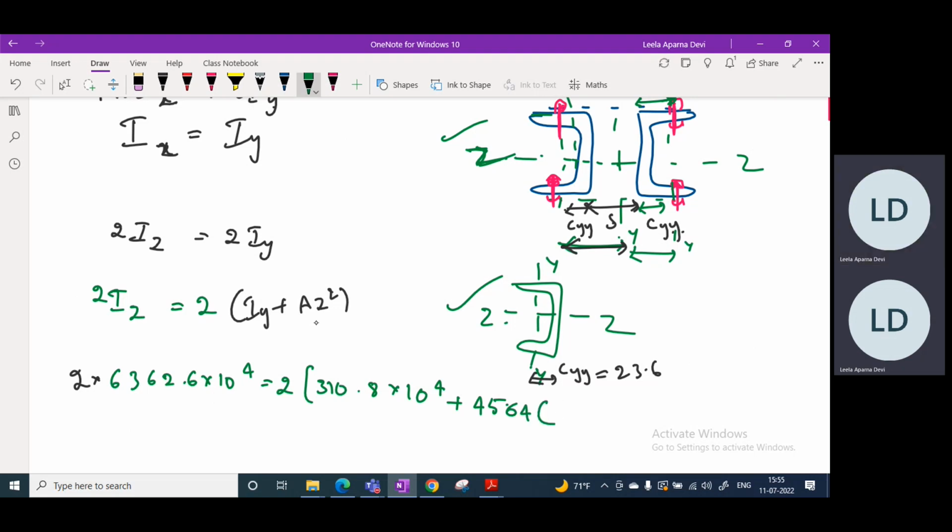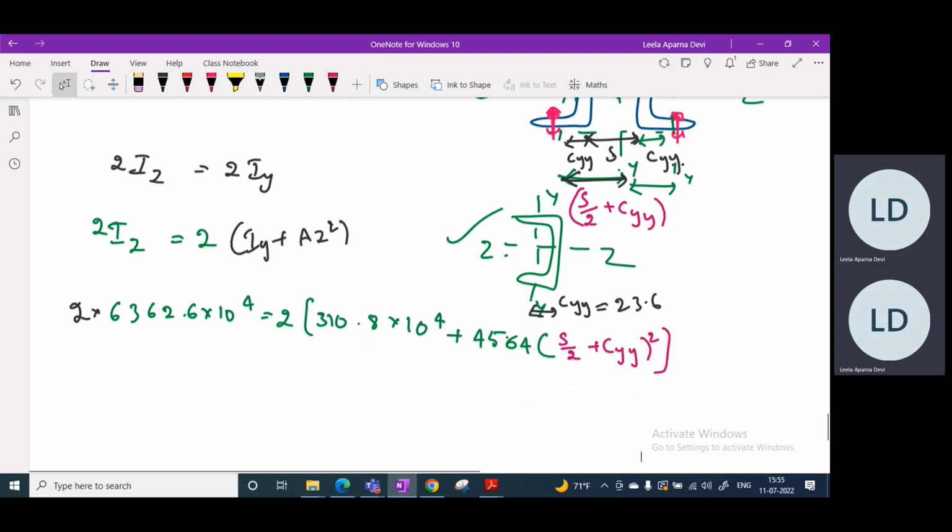And also now the Z value is here S by 2. Let me write with another thing. S by 2 plus CYY. Okay. So now S by 2 plus CYY whole square. So these two things we need to calculate.